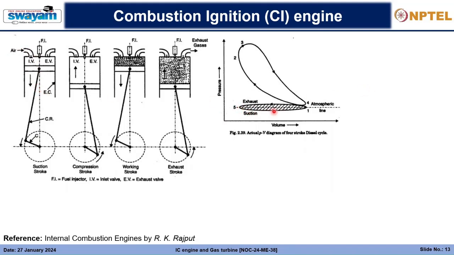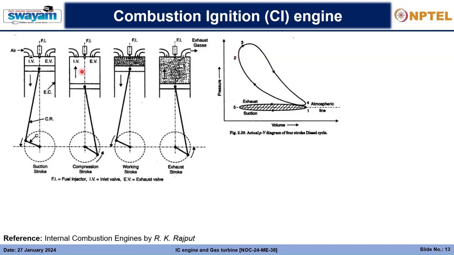So this is the suction stroke where it takes the air inside, and due to the atmospheric pressure difference, due to the vacuum created here, the air enters inside, and at the end it starts to compress the air, only the air, in the compression stroke. Accordingly you will have a rise in pressure, a decrease in volume, and also an increase in temperature of the air.